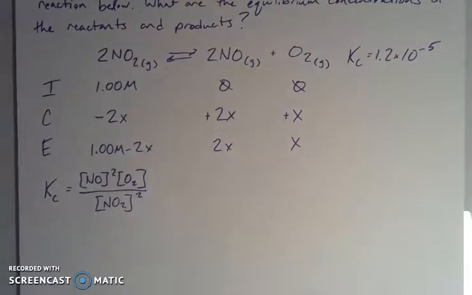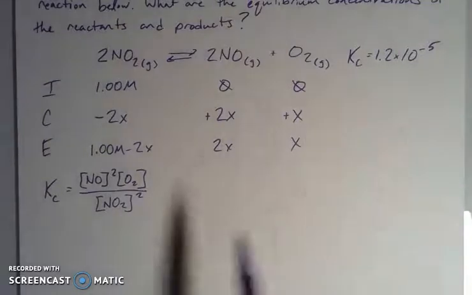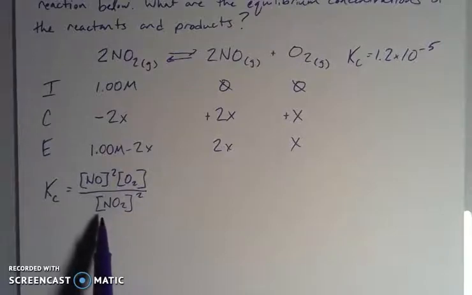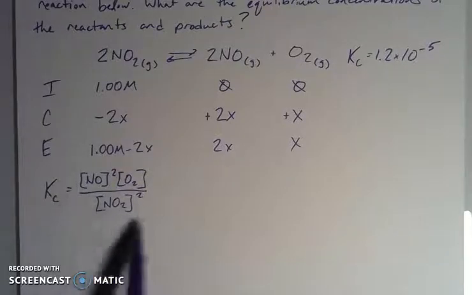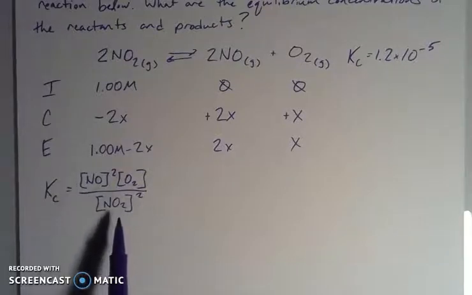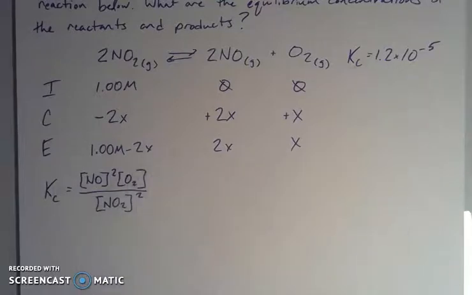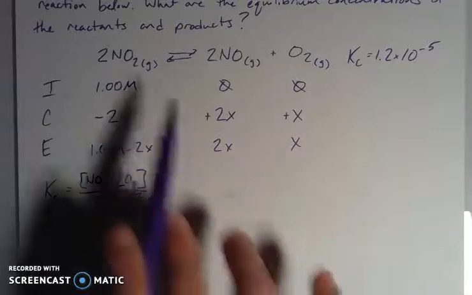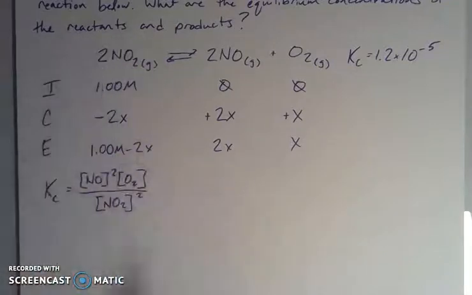So that small number indicates that I have a lot more reactants in my equilibrium solution than products, right? My denominator has to be a lot larger than my numerator in order to get such a small number. So at equilibrium, this naturally sits more on the reactant side of things. So that's what that tells me there.